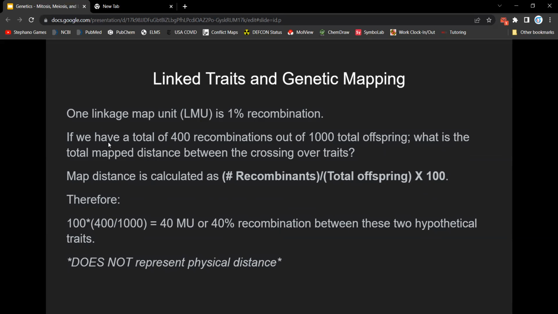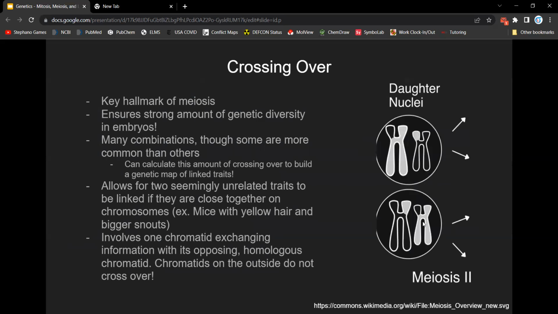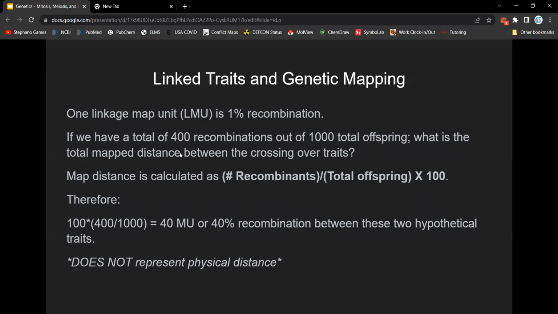So for example, if we have a total of 400 recombinations out of, let's say, 1,000 total offspring, so let's say out of the observed embryos we see, this process right here where this is exchanged for this occurs in 400 of the total offspring, and we can observe it.